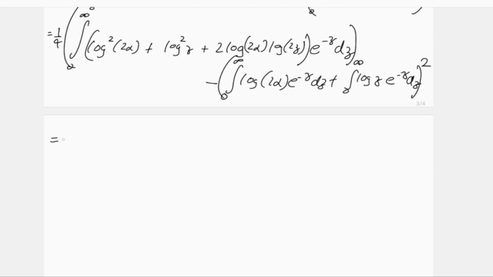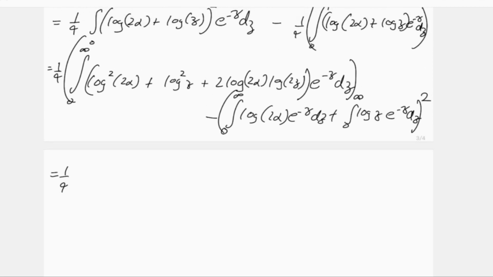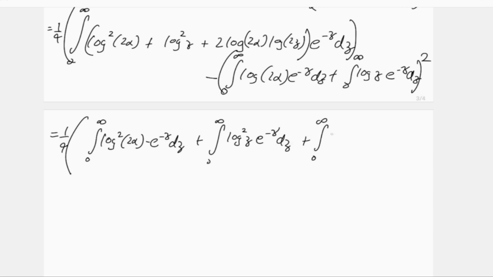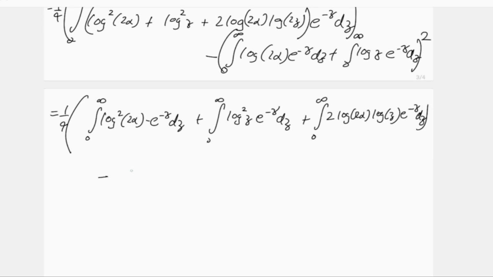Okay, so I'm left with 1/4 integral from 0 to infinity log squared 2 alpha times e minus z dz plus integral from 0 to infinity log squared z e minus z dz plus integral from 0 to infinity 2 log 2 alpha log z e minus z dz. This is the first term, and similarly the second one.